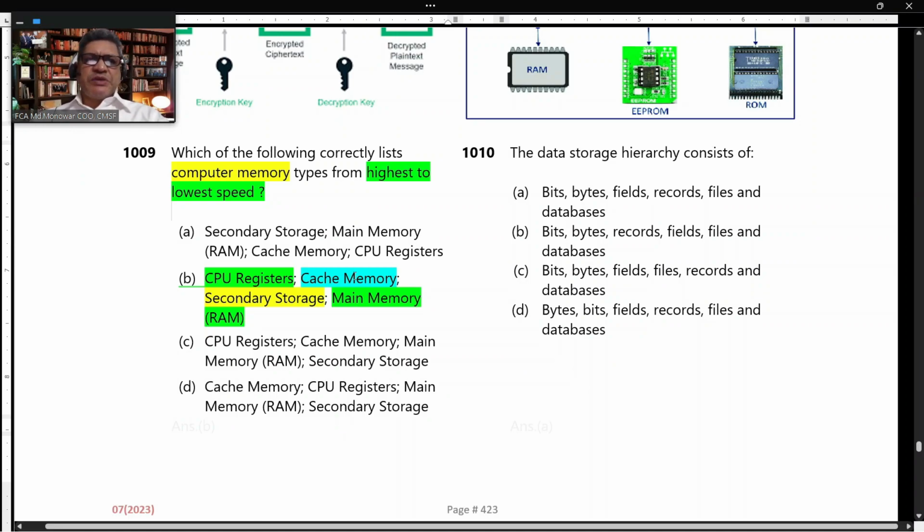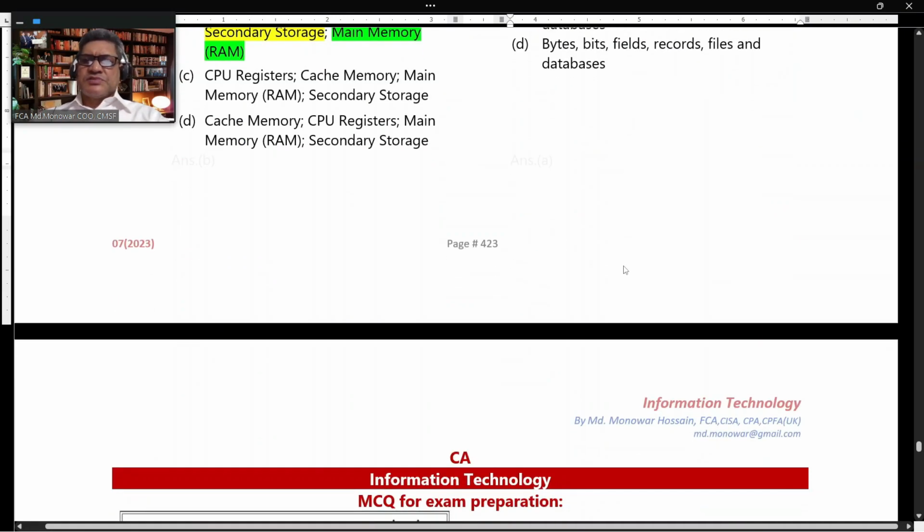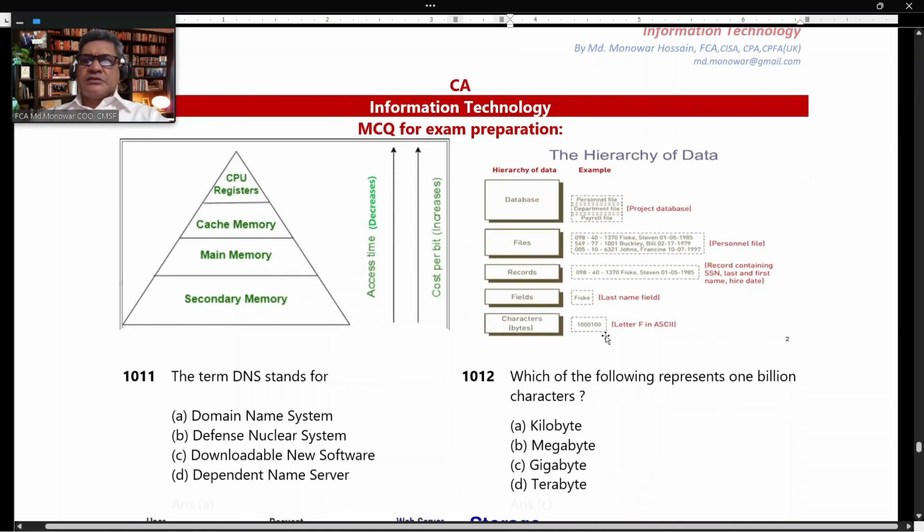Now, the data storage hierarchy consists of, if you see the picture here, characters, that means bits, bytes, fields, records, files, then database.